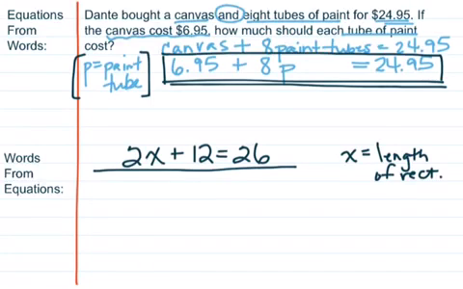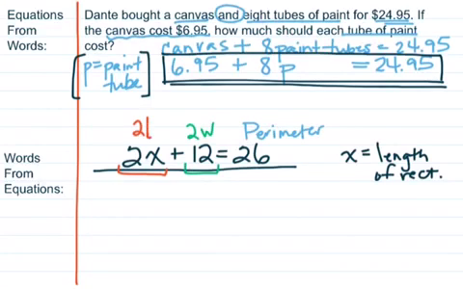Then if I have 2 of my length and I add 2 of my width, that will equal my perimeter.